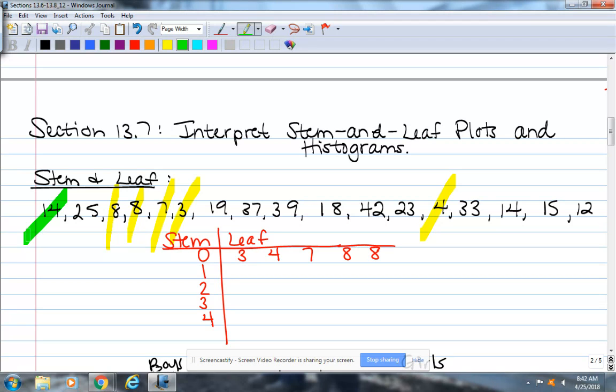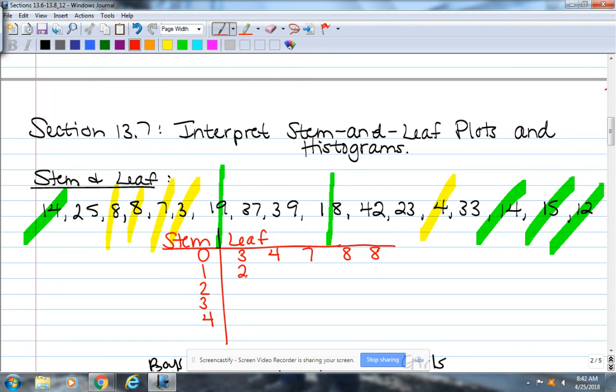So I've got 14, 19, 18, 14, 15, 12. What's my lowest one of those? 12. And then what? 14. And 2 14s, right? And then 15. And then 18 and 19. Is that all of them?